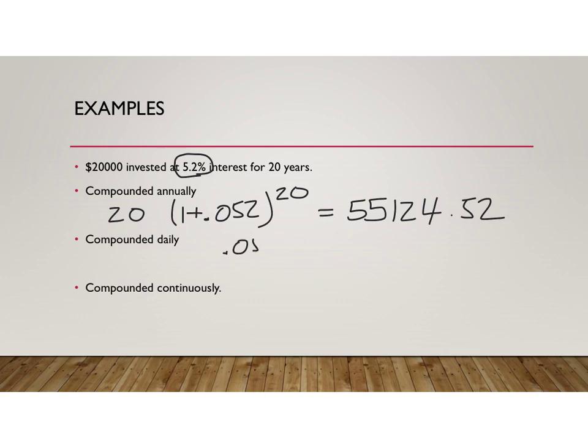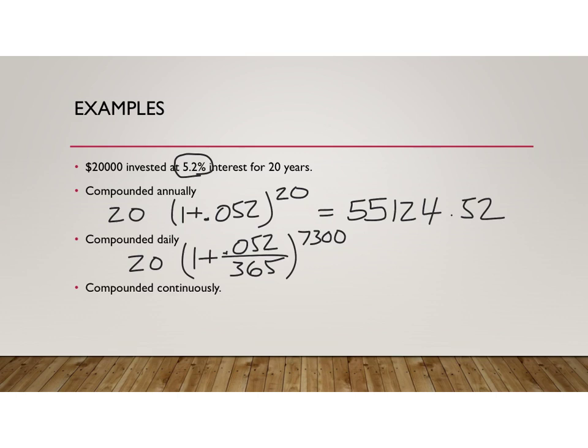Compounded daily, I'd start 0.052. Going to divide by 365. Going to add 1 to that. 365 times 20 is 7,300 as my power. Still going to just use 20.